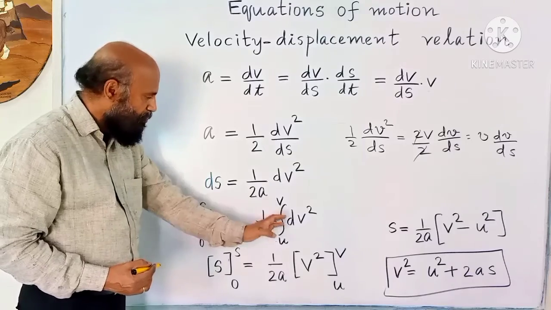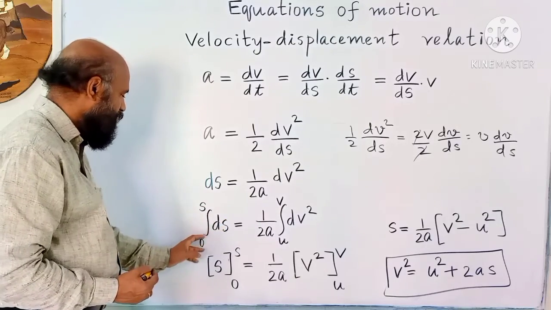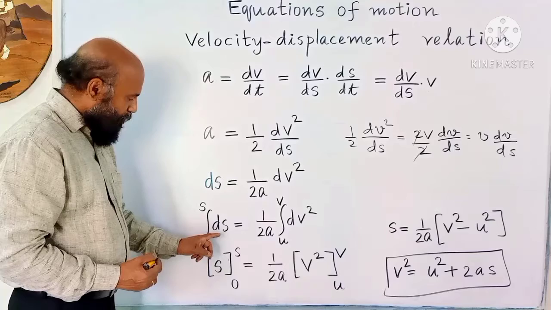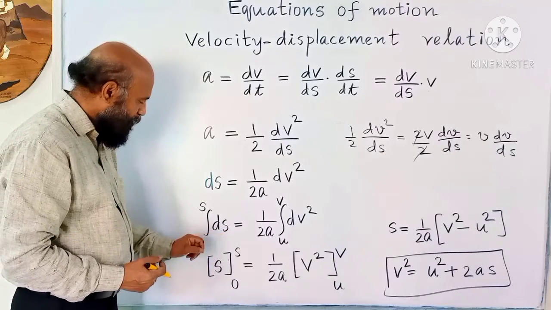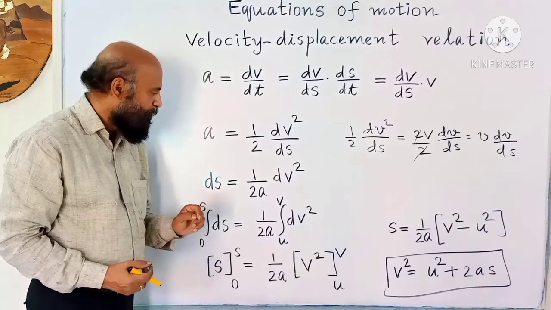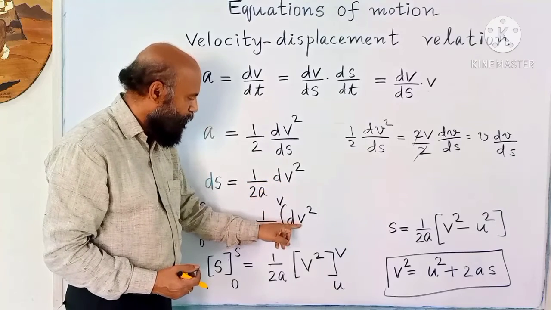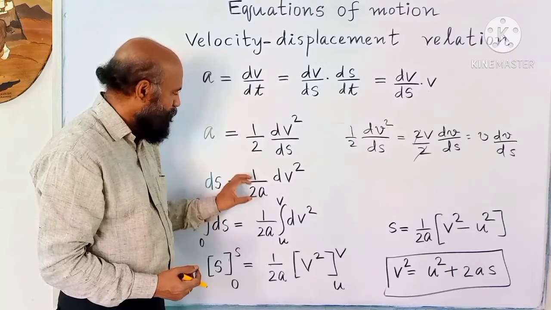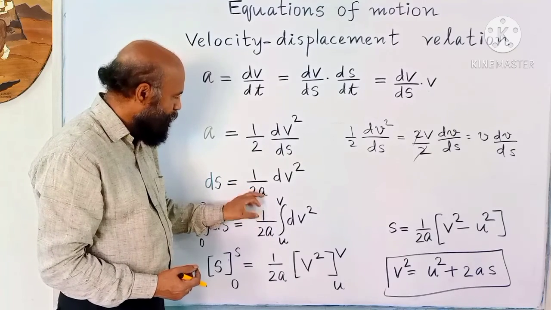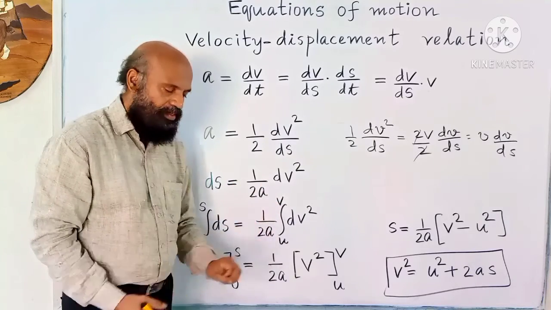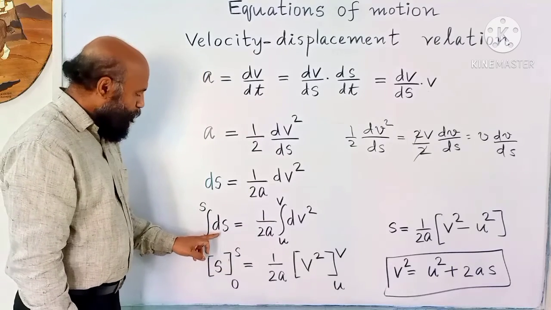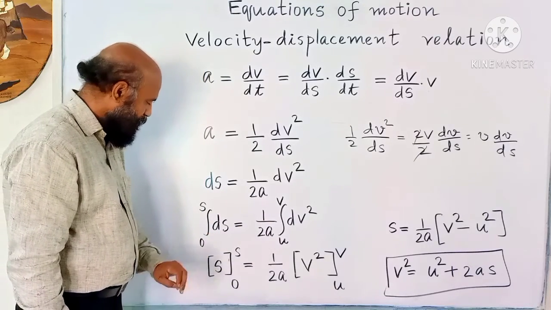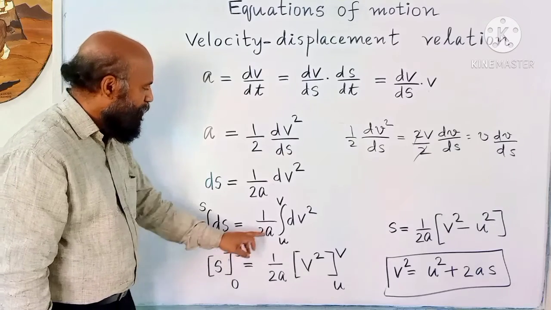Next, integrate on both sides. This side variable is displacement, initially 0, finally s. This side variable is velocity, so initially u, finally v. Acceleration is a constant, so 1 by 2a is written outside. Then integral of ds is s, then apply the limit.